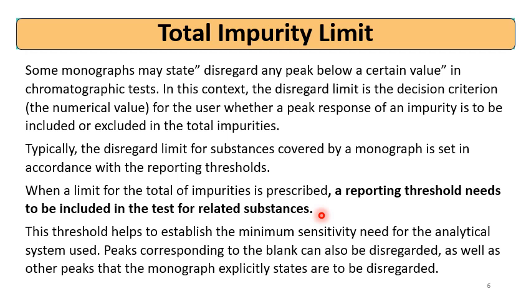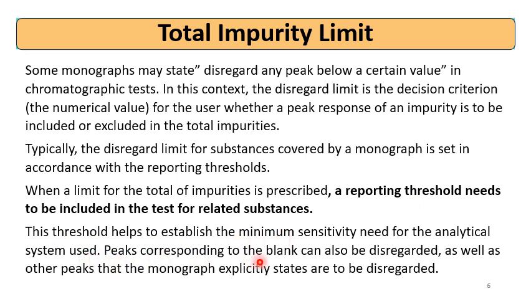Because based on this, we can know which impurity is to be taken into the total impurity and which impurity can be disregarded. This threshold helps to establish the minimum sensitivity needed for the analytical system used. This is very simple: if you know the reporting thresholds, then you will know the minimum sensitivity requirements.